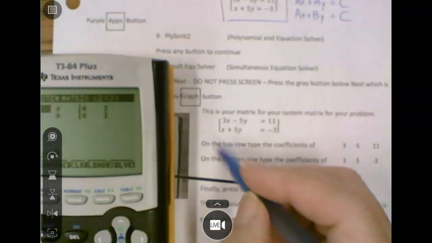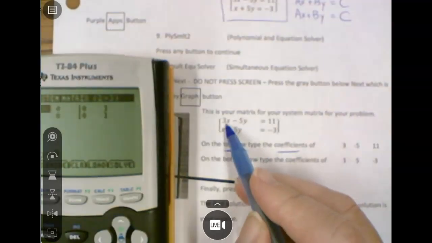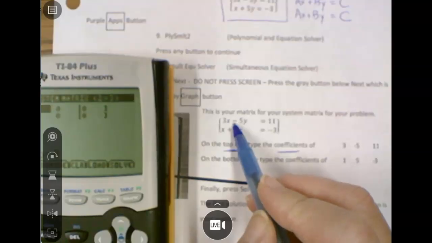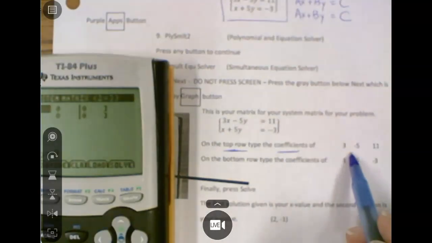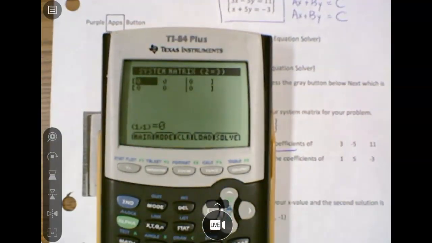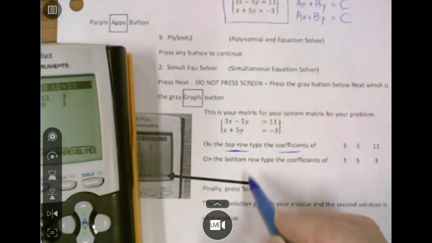It says here, on the top row, type the coefficients of x, which is 3, -5, don't put a minus sign, -5, and then on the far right, we're going to put 11. So we're going to type 3, enter. Make sure you always hit enter. -5, do not push -5, enter. 11, enter.